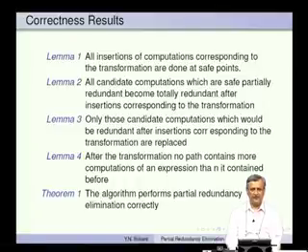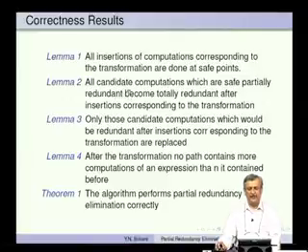Lemma 2 says all candidate computations which are safe partially redundant become totally redundant after insertions corresponding to the transformation. So, something may become partially redundant, but it may not be safe partially redundant.